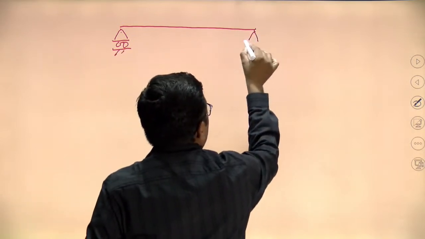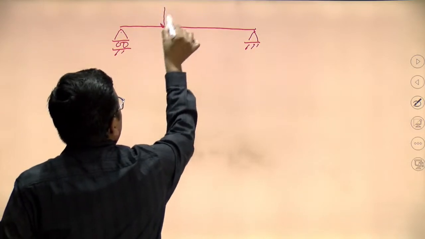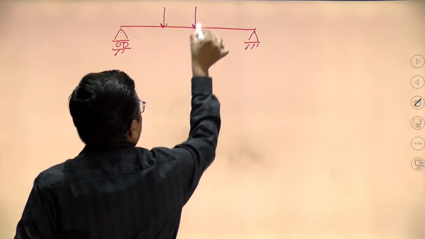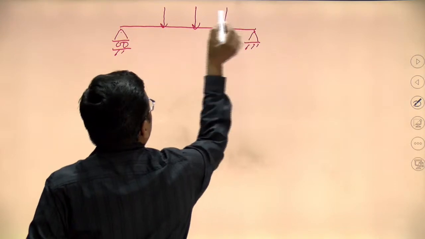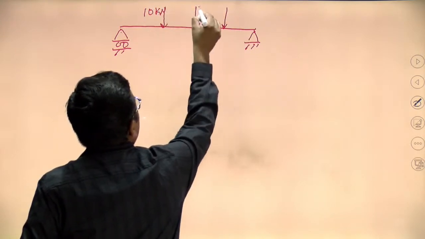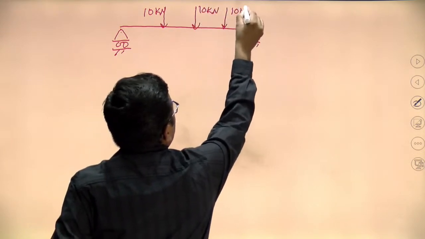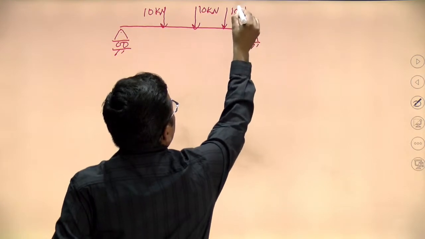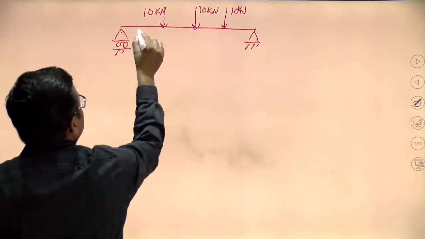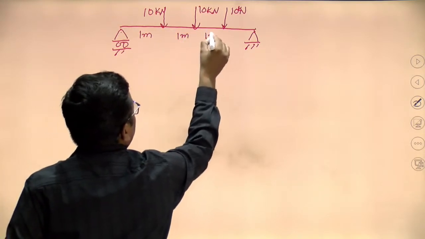Those who are present in the lecture, if they are not able to see the diagram, they can write. All these loads are 10 kilonewton, 10 kilonewton and 10 kilonewton. The distances are 1 meter, 1 meter, 1 meter.